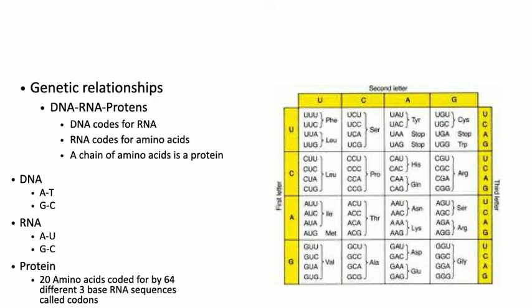A pairs with U, G pairs with C. And then, based off that mRNA, you use the codon chart on the right to determine the order of the amino acids. 20 amino acids are coded for by 64 different 3-base RNA sequences called codons. Those codons and their corresponding amino acids are listed on the right.